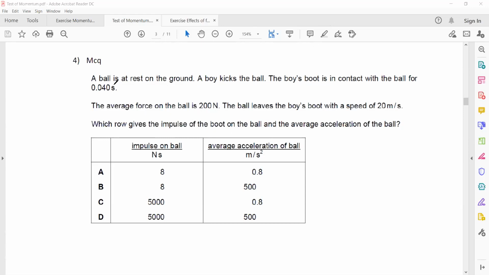So initially a ball is at rest. So if the ball is at rest, what is the speed of the ball? The initial speed of the ball is 0 meter per second.